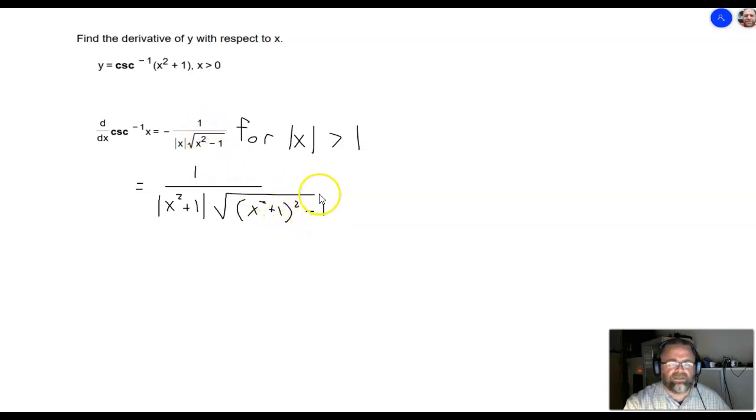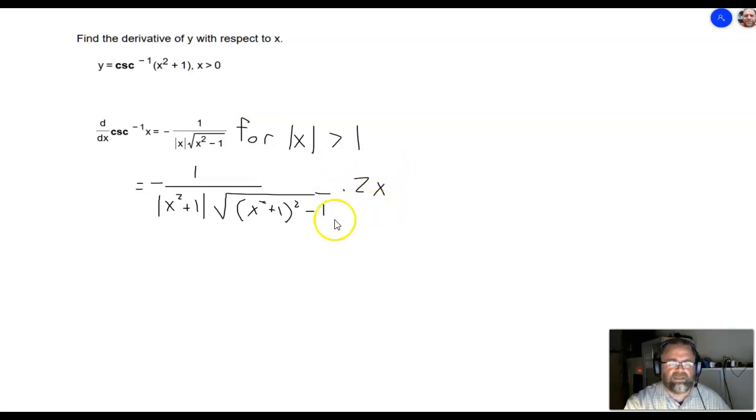Then we're going to have a minus 1 here, and we have a negative sign out front. Then we have to multiply by the derivative of the inside function. The derivative of x squared plus 1 is just going to be equal to 2x.